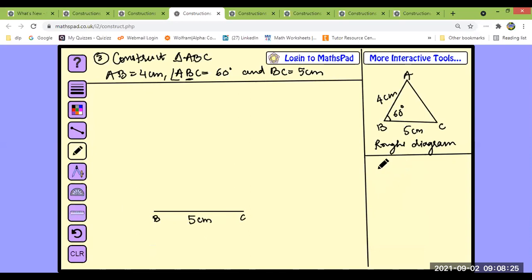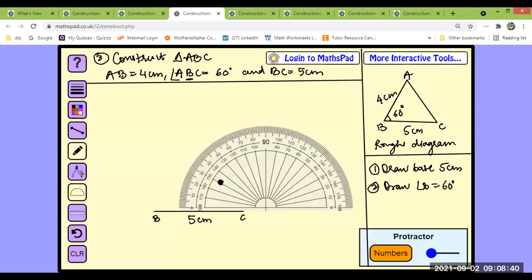All right. So step 1, we have to draw the base. The base is 5 centimeters. Second, draw the angle. So we have to draw the angle B, which is equal to 60 degrees. So place the protractor on point B like this.